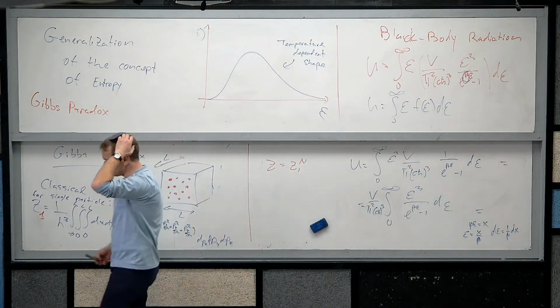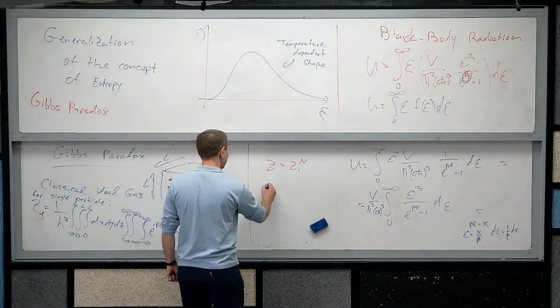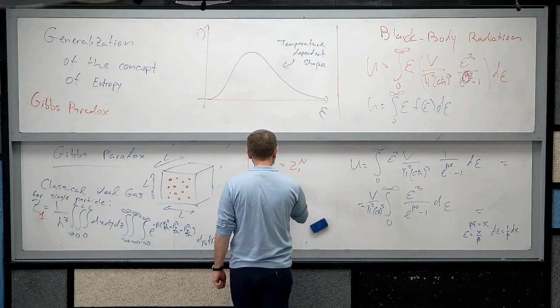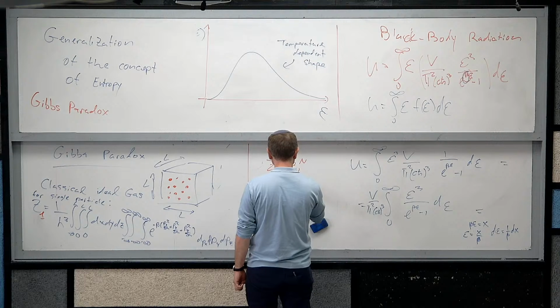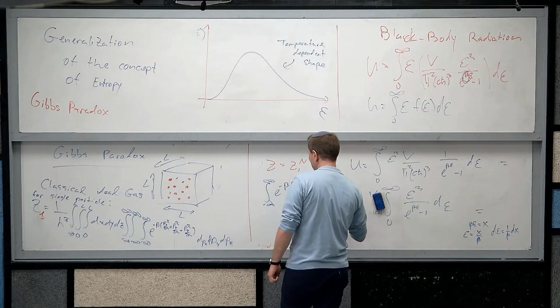Now I can solve this integral, right? So what actually do I have to solve over here? I have to solve a bunch of Gaussian integrals, which is e to the power minus beta p squared divided by 2m, px squared, dpx. This is what?